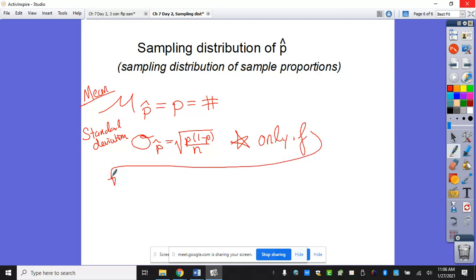I need you to write that. That standard deviation only applies if the 10% condition is met.